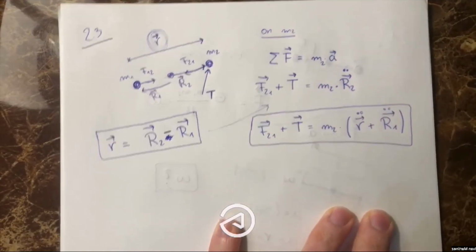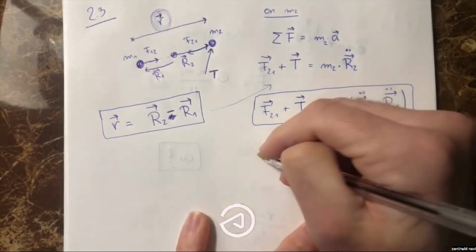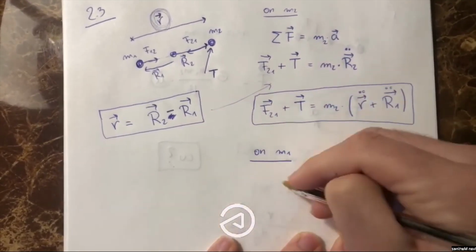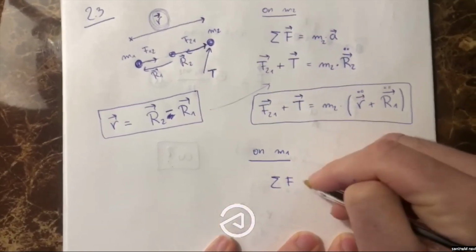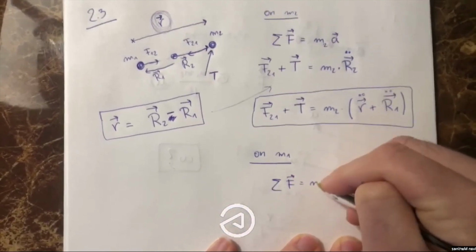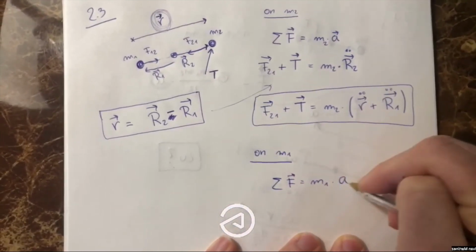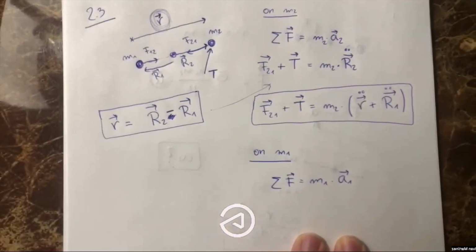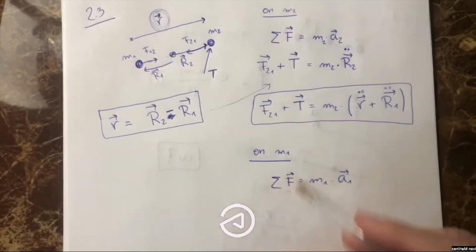Let's apply Newton on M2 now. Sorry, on M1. So we have the same thing, summation of forces equals M1 times acceleration 1. This should be acceleration 2. What forces are acting on M1?